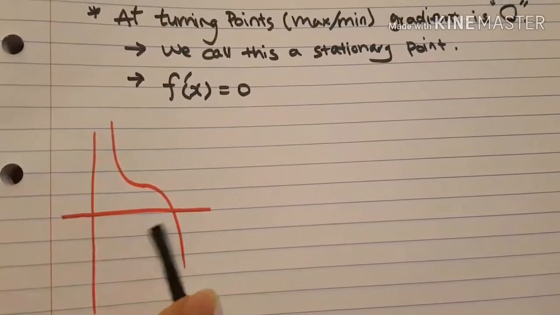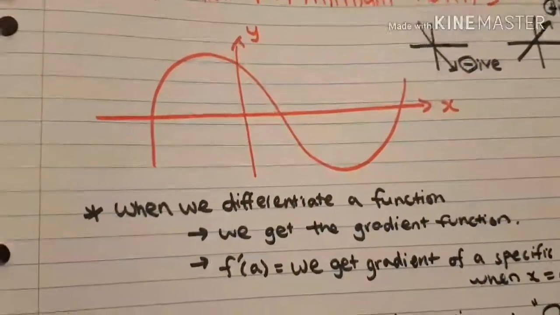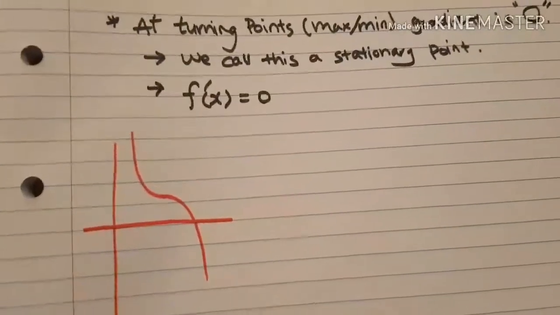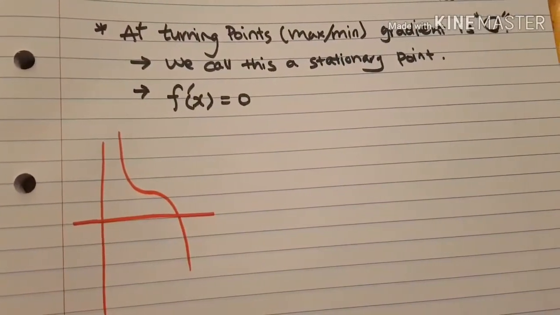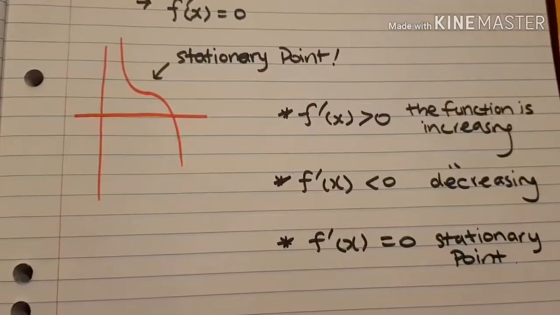So there's another stationary point at this one. So not only at the local maximum and minimum points, we call this a point of inflection, and this can be another stationary point.